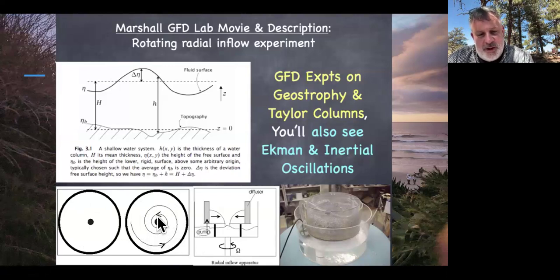Which way does it go? Well, there's low pressure in the middle because the surface is draining down toward the plug. Low pressure in the middle, high pressure on the sides. So what's it going to be? Cyclonic. So you can cause a cyclonic anomaly by pulling out a plug hole in the middle.